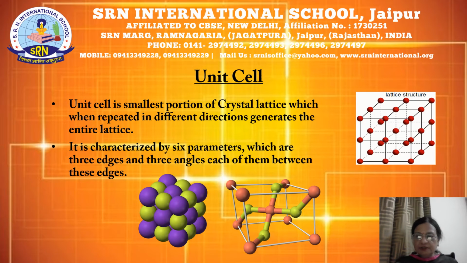The angle between a and b is taken as gamma, between b and c is taken as alpha, and between c and a is taken as beta. So the 6 parameters of the unit cell are given by 3 edges and 3 angles, that is a, b, c and alpha, beta and gamma.